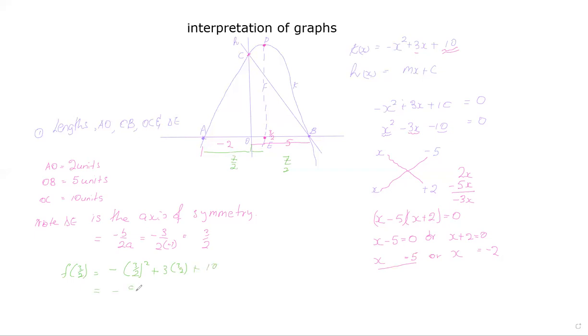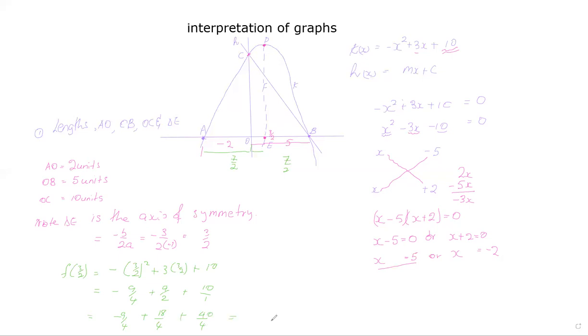That is negative 9 over 4 plus 9 over 2 plus 10 over 1. This can be better written as negative 9 over 4 plus 18 over 4 plus 40 over 4.